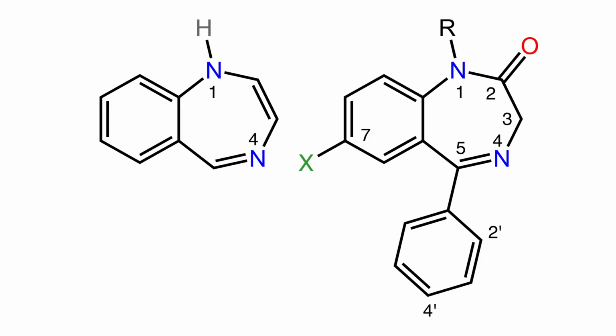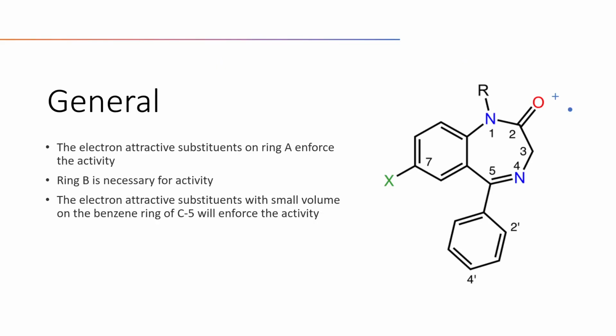Okay, so this is the general structure of our benzodiazepines. So in general, electron attractive substituents on ring A enforce activity. In particular, something that is bonded to position 7 enforce activity.